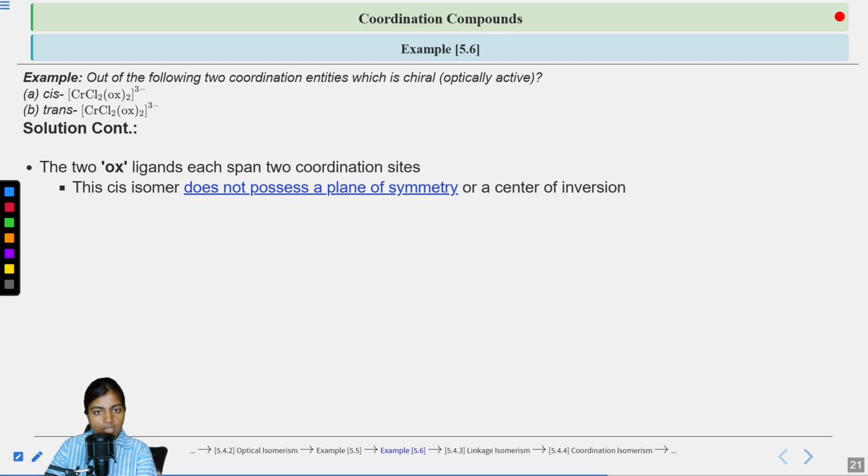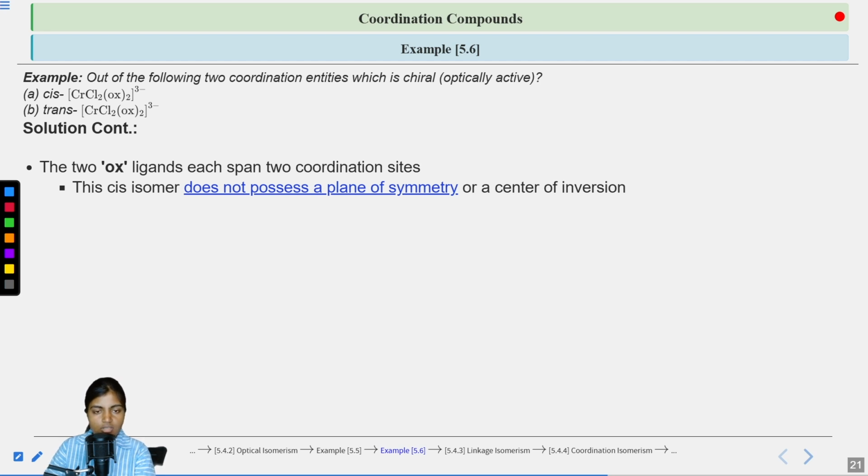Plane of symmetry means that if along a plane, or along any axis, you are obtaining similar ligands or donor atoms going to be present along that axis in a plane, then the complex is going to possess a plane of symmetry.